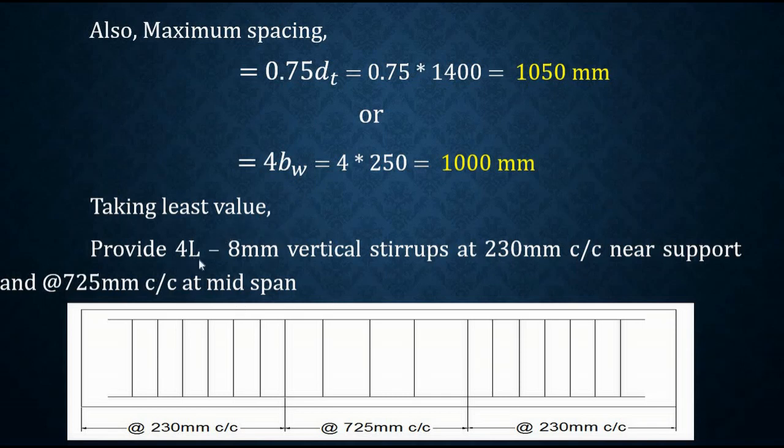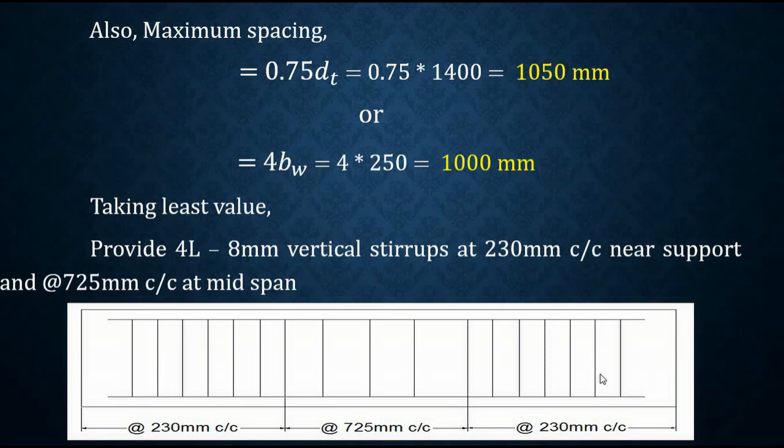You can read a statement here. Provide 4-legged 8 mm vertical stirrups at 230 mm center to center near supports and 725 mm center to center at midspan. This is a second least value we have got. So what we have done, see the diagram here, 230 mm center to center at the supports.